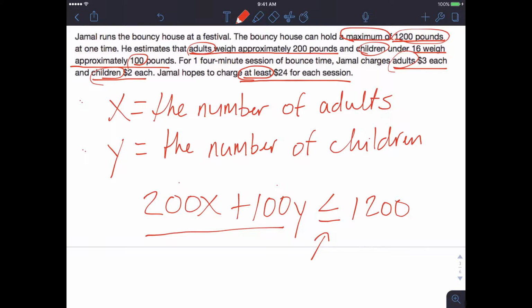So it's going to be less than. What it's saying is that the weight of the adults plus the weight of the children has to be less than or equal to 1,200 pounds. Okay? Let me just erase those marks.